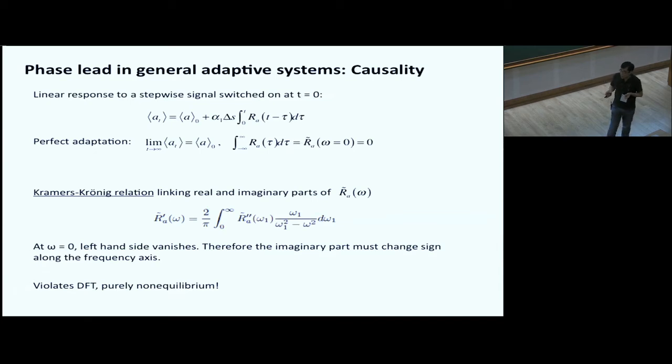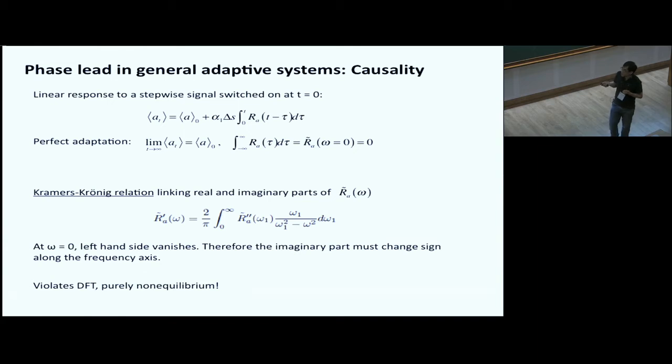So this tells you that if you have an adaptive circuit with perfect adaptation, then you must have, in some frequency range, this phase lead behavior. Now, if your system is not perfectly adapting, but nearly perfectly adapting, then by an argument of continuity, this statement should still work.